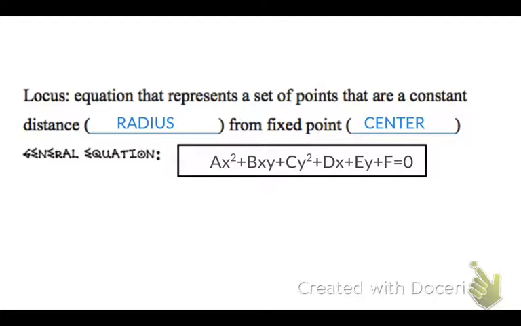We have to manipulate these equations, and not every conic section uses all of these terms, but we would change this equation so that we could see more specifically where the center of the circle is, and the radius of that circle.